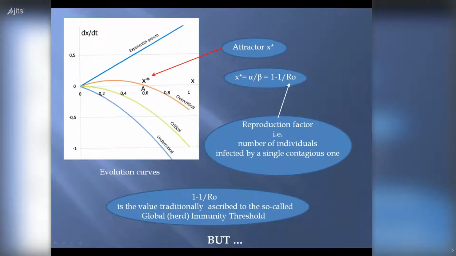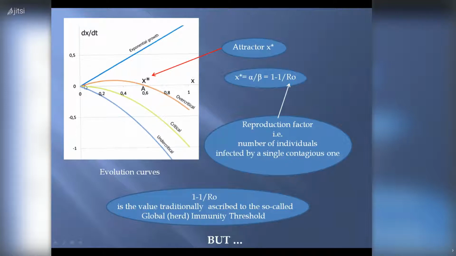And the differential equation can be plotted here. This is the dX over dt in vertical versus x, not versus t, but versus x. That's important. And you find this quadratic expression here in the form of a parabola, showing you the derivative value.